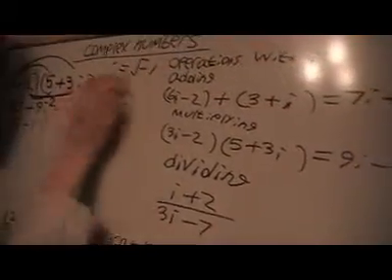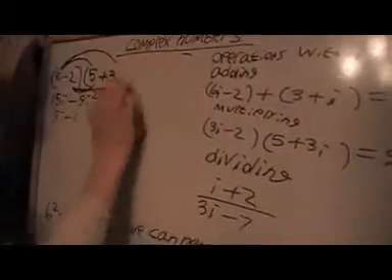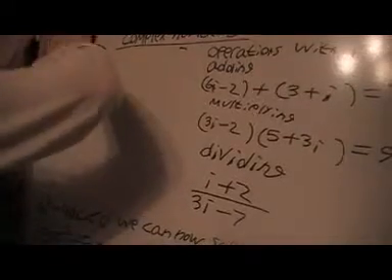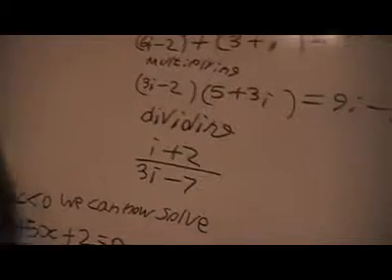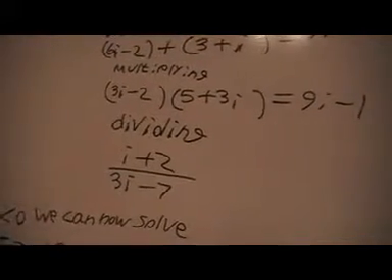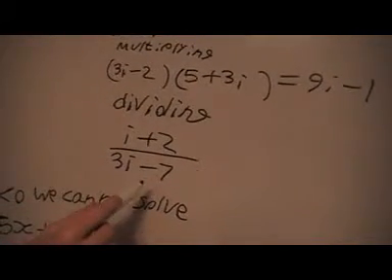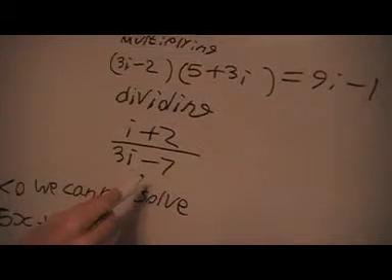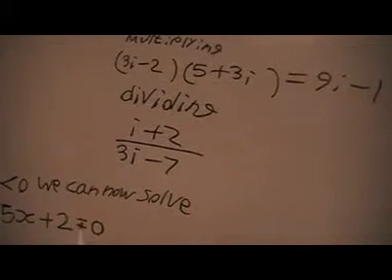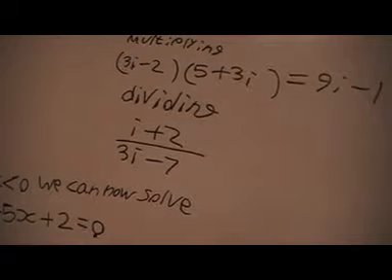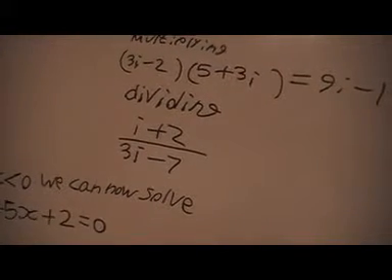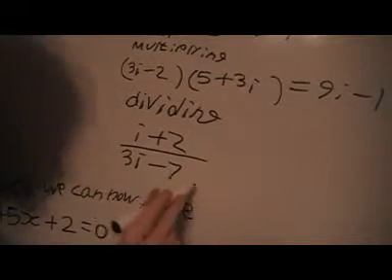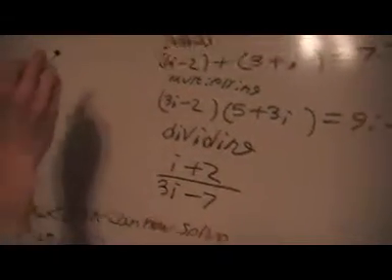Okay then, one more quick thing I want to do is dividing. We'll multiply this by something called the complex conjugate, which is basically the thing that makes these i's cancel out in the denominator.